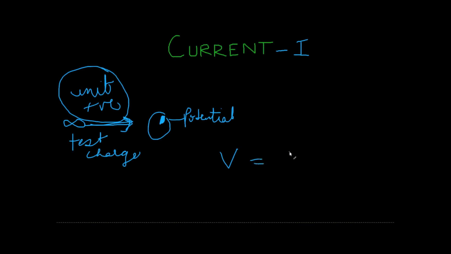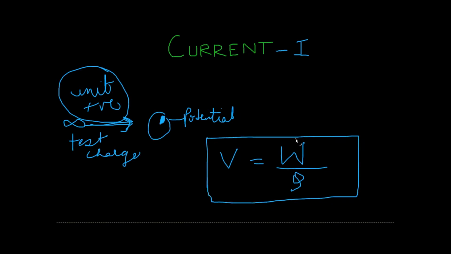So what we have is V, which is nothing but the potential. Volts, it's known as, after a scientist named Volta. So it's volts, and it's denoted as work done in bringing unit positive charge. So this is another formula that you have to understand and learn at some point of time.